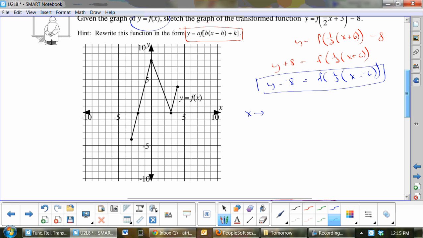X goes to 1/2 x. What would be the next replacement? X goes to x plus 6. And y goes to y plus 8.